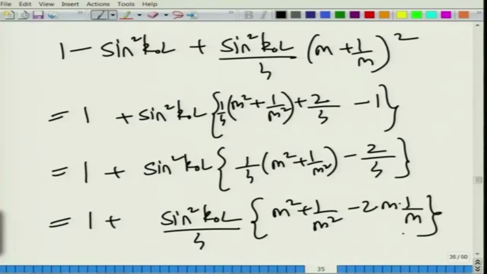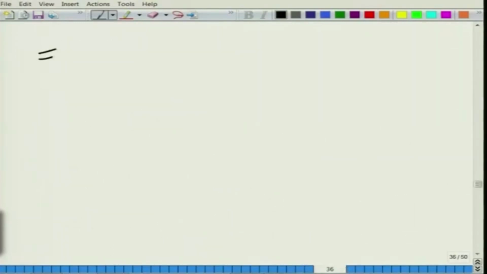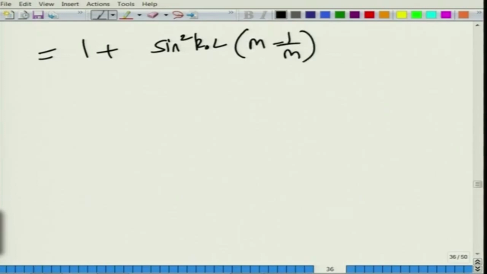Once we simplify, we get the following: (m minus 1 by m) whole square.